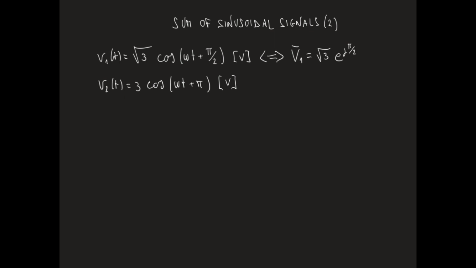The representation of v2 of t in the phasor domain will be V2 bar equal to 3 times e to the j pi. Suppose we want to find v3 of t as the sum of the two signals v1 and v2.